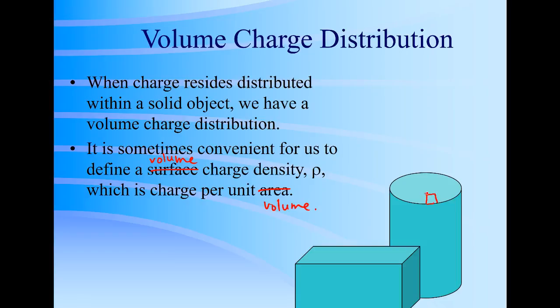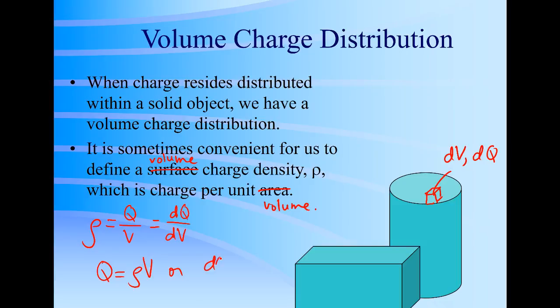And so that means that we can take a volume element, dV, which contains charge dq. So that means that rho is defined as q over V, or dq over dV, which means that the charge is equal to rho times V, or dq is rho dV.